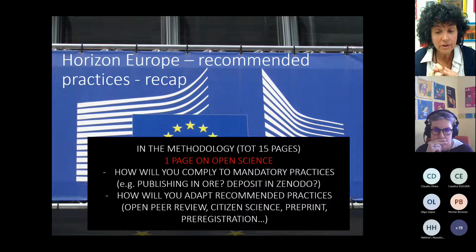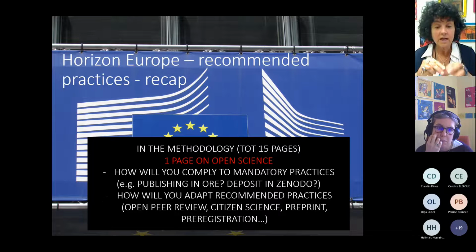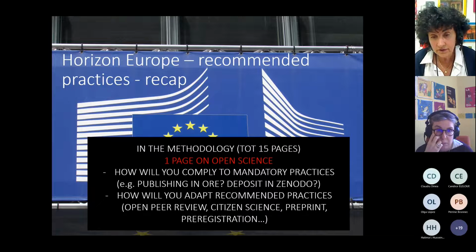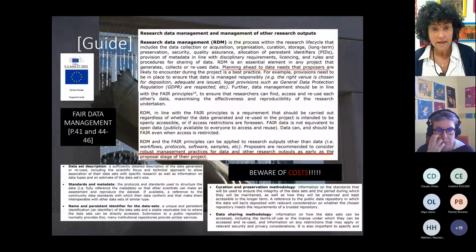And how you will adapt recommended practices. Are you going to go for open peer review whenever it's possible? Are you co-creating your research, for instance, with a citizen association? Are you going to share your research as early as possible as a preprint? Are you pre-registering your experiment? You have to detail this in 1 page in the methodology section, okay?